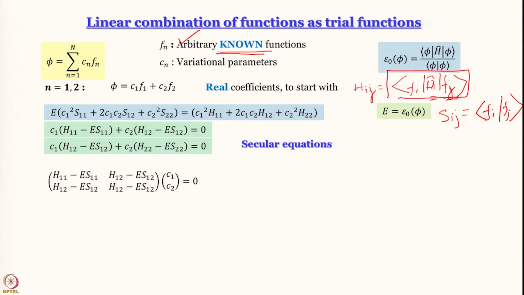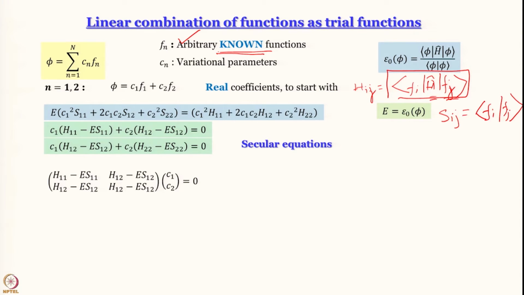And if I can do that, this is C1, a variable, multiplied by a number, plus C2, a variable, multiplied by a number. So it is just a plain good old set of two simultaneous linear equations, that is all.